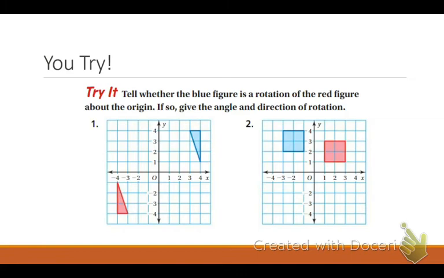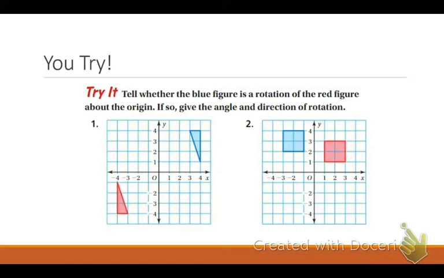I know it's kind of hard to wrap your head around it, but it's just going to take time. So tell whether the blue figure is a rotation of the red figure. I'm going from red to blue here. I need to decide, is it possible to turn the red figure to make it face the same direction as the blue figure?